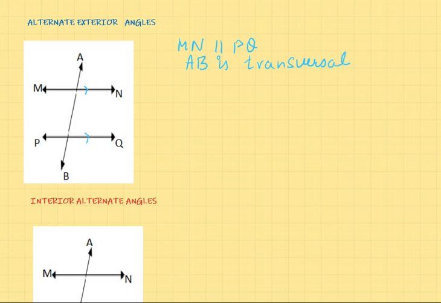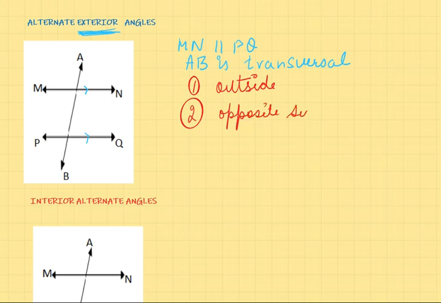Now what are, अब एक्सटीरियर तो बाहर हो गया, ठीक है, एक्सटीरियर तो आपको समझ आता है बाहर है. ऑल्टरनेट का मतलब क्या है? ऑल्टरनेट मीन्स ऑन द ऑपोजिट साइड्स ऑफ द ट्रांसवर्सल. आउटसाइड, पहले तो दे आर आउटसाइड, और सेकंड क्वेश्चन क्या है? दे आर ऑन द ऑपोजिट साइड ऑफ ट्रांसवर्सल. ठीक है, कैसे इसका पहचान है? देखो ट्रांसवर्सल क्या है?